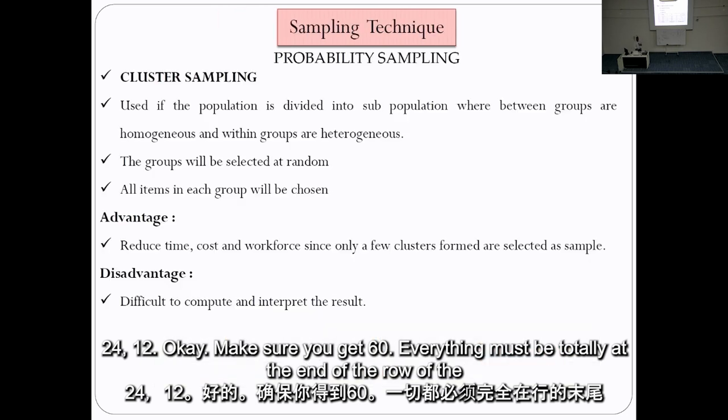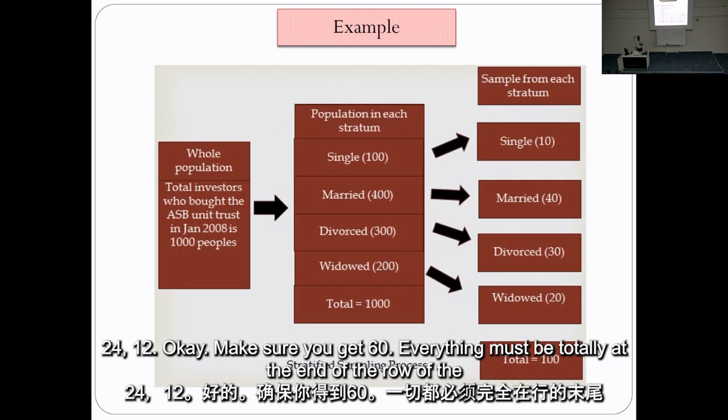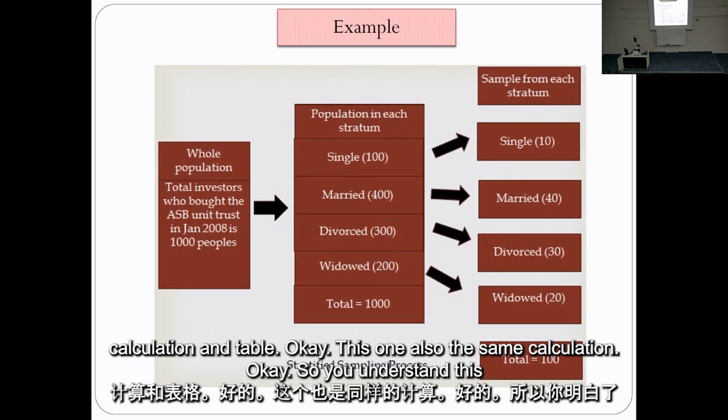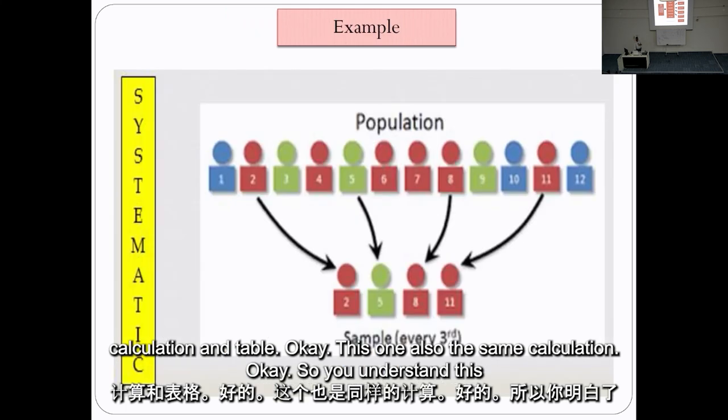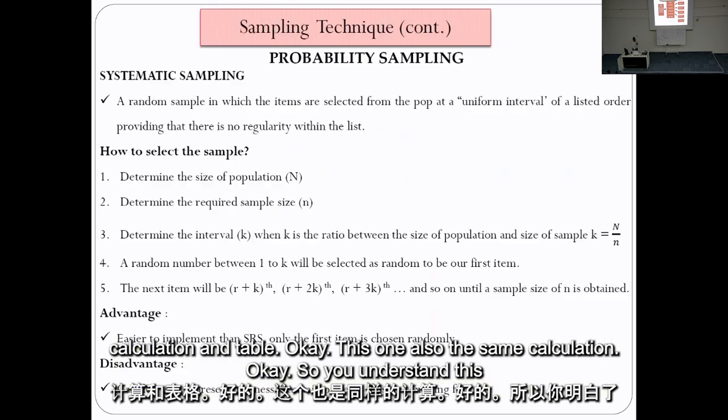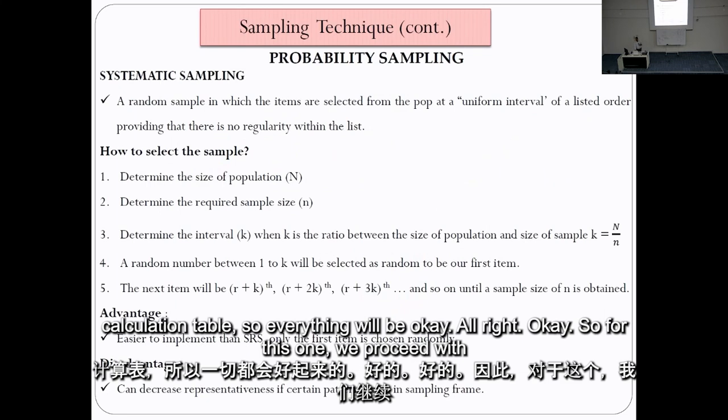Make sure you get 60. Everything must tally at the end of the row of the calculation table. This one is also the same calculation. So if you understand this calculation table, everything will be okay.